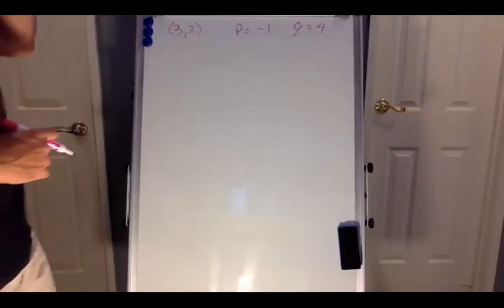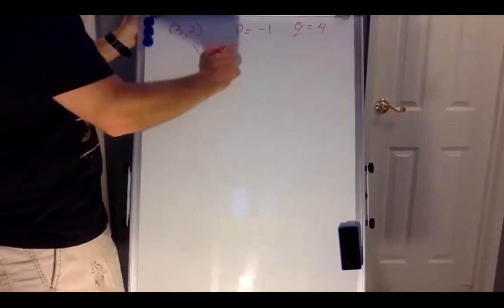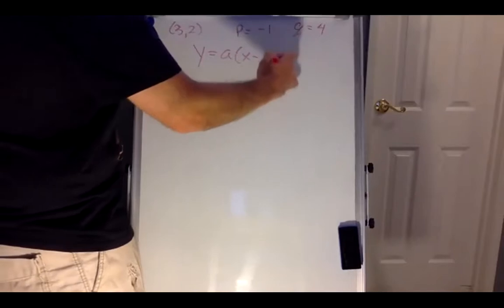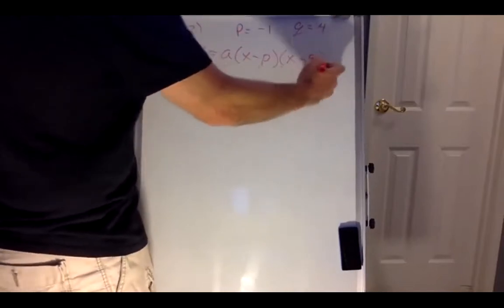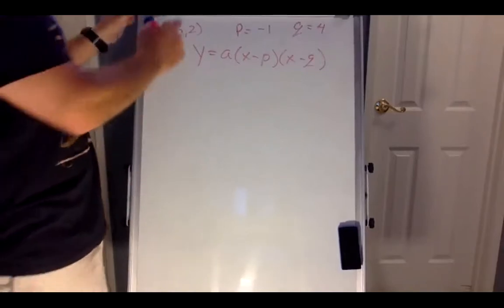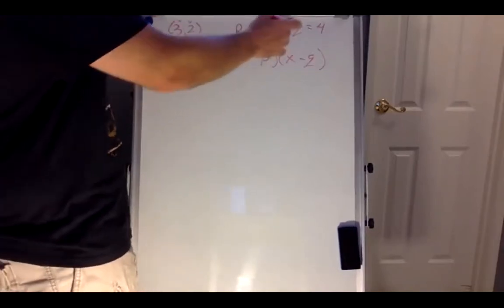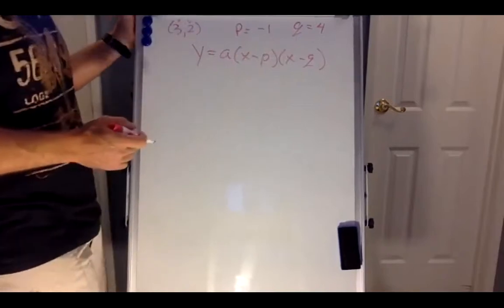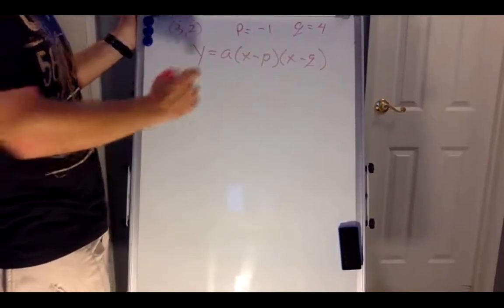Then I want to know what vertex form looks like. So again, what do you have here? You have an X, a Y, a P, and a Q. You have 4 out of 5 variables.